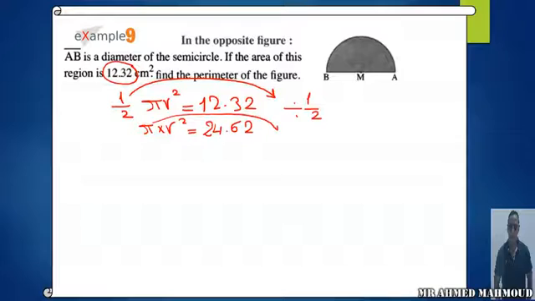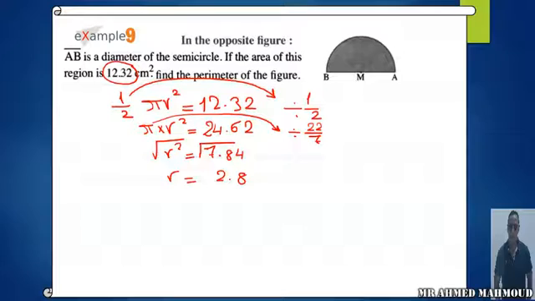Now I'm going to send pi to the other side as divided by pi. Here I will use 22/7. Then r power of 2 equals 7.84. Then I will take the square root to both sides, then r equals 2.8.